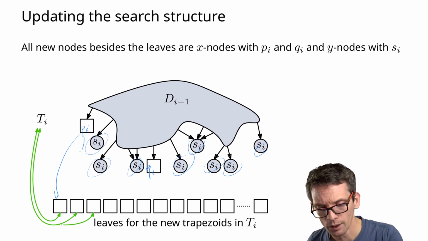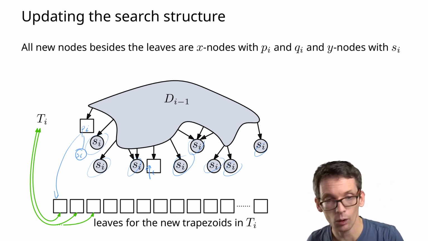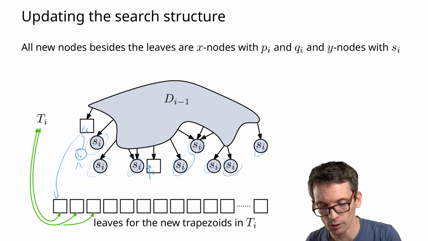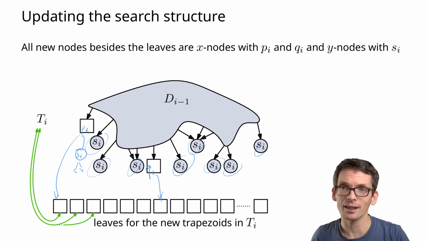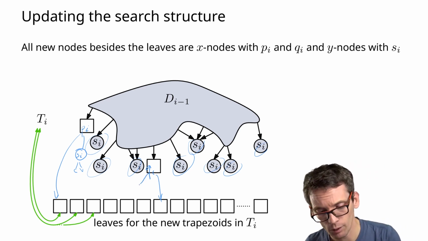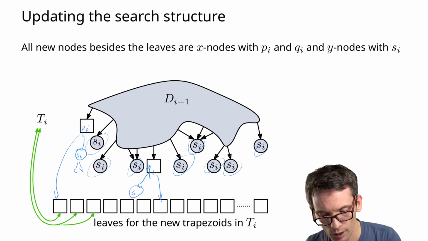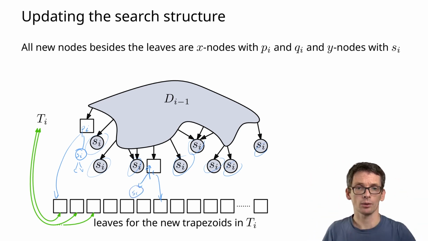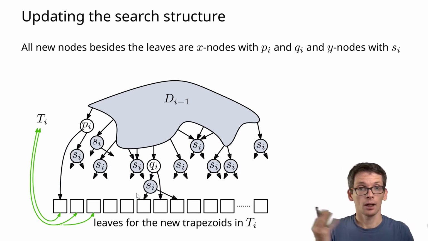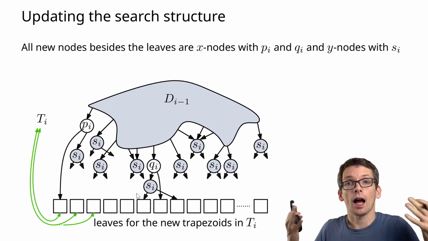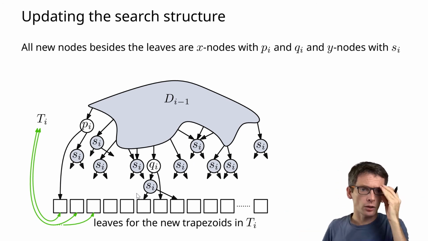And to the right, I will have the segment Si, so there I again will have an Si node and link it up appropriately to the trapezoids. And likewise here for Qi, the right hand side will link to a trapezoid, and the left hand side will link up to a Y node. Okay, so this is how things now look, and that gives us the update for the search structure.